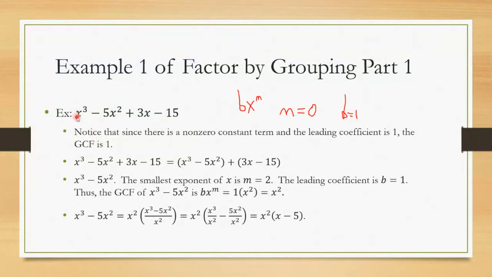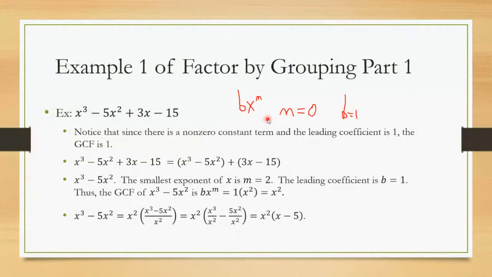Also, we have a coefficient of 1. We have seen this before. If you have a coefficient or a constant term equal to 1, then the greatest common factor among all the coefficients and the constant term is 1. So basically, we get the GCF is 1 times x to the 0, which is 1.